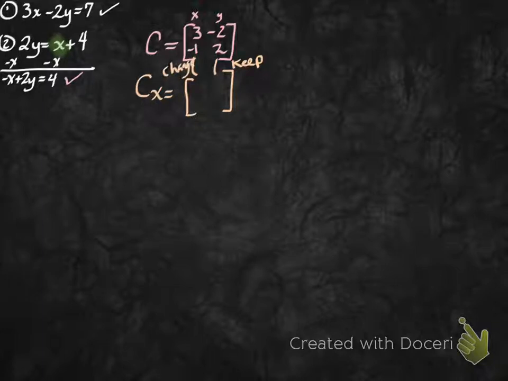I'm going to change my x column to these two numbers, 7 and 4, but I'm keeping that negative 2 and 2.